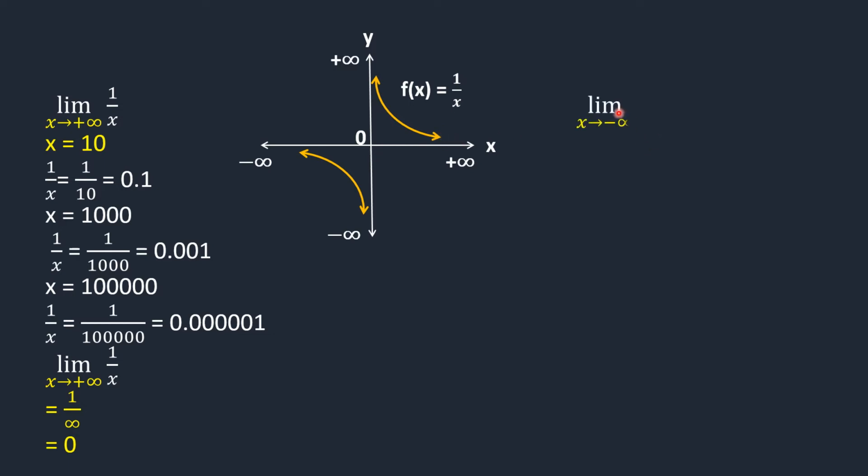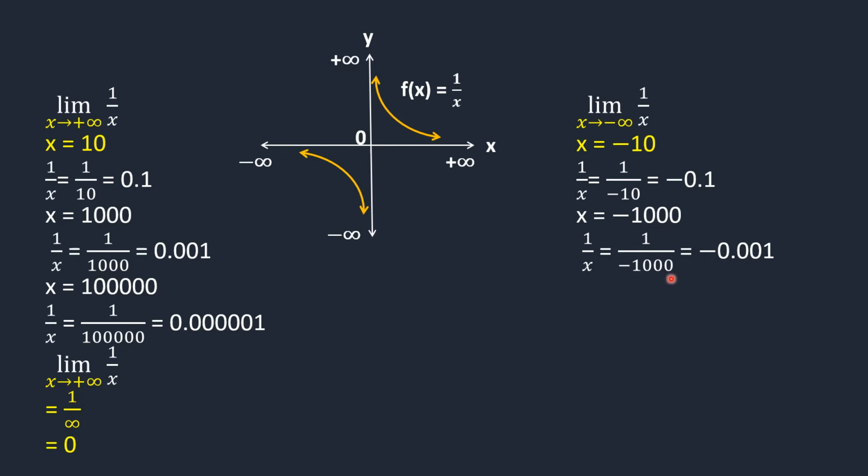Now consider limit 1 over x as x approaches minus infinity. Let us assume x equals minus 10. So 1 over minus 10 will be minus 0.1. Let us reduce the value of x and assume it to be minus 1000. So 1 over minus 1000 will be minus 0.001.